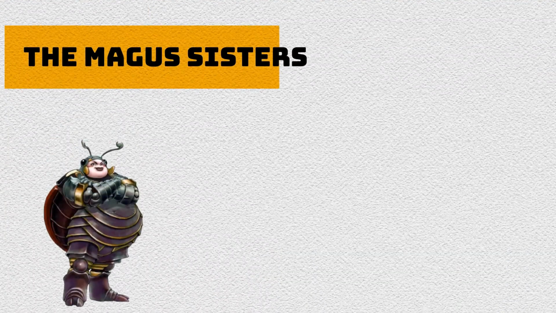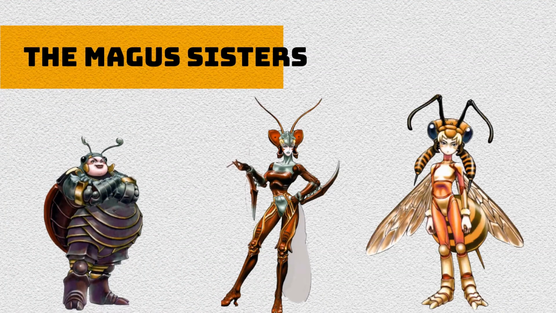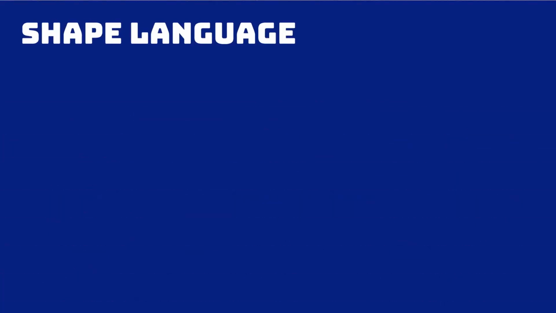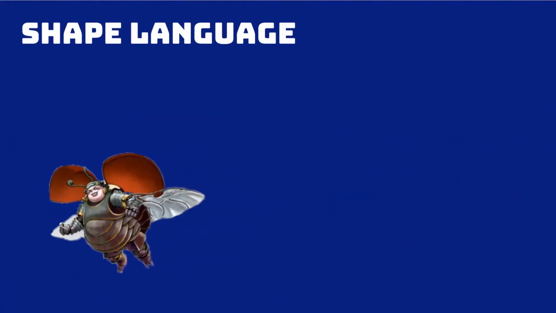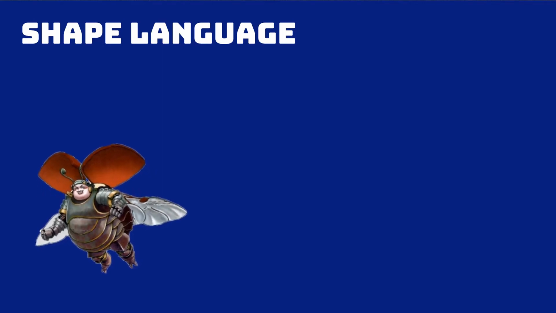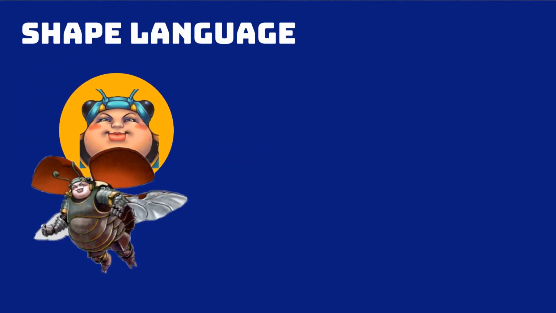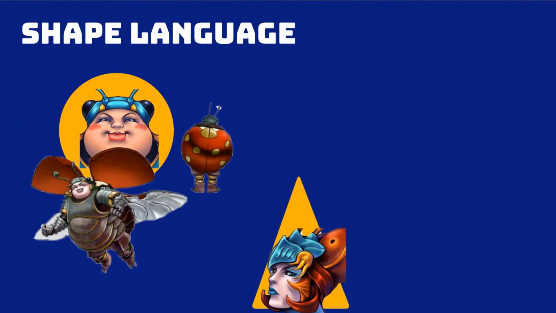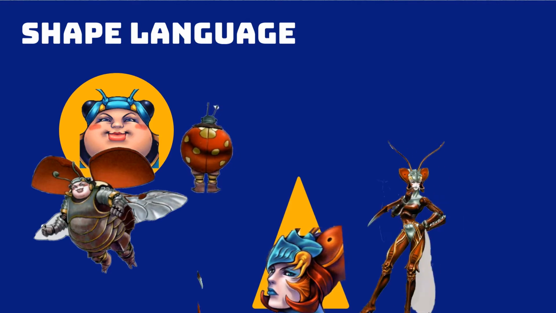We're going to begin with the Mega Sisters, who appear as a trio of 3 girls. Now pay attention to each of their unique traits and powerful shapes that they represent. The round one is called Cindy, the sharper one is called Sandy, and the smallest one is called Mindy.